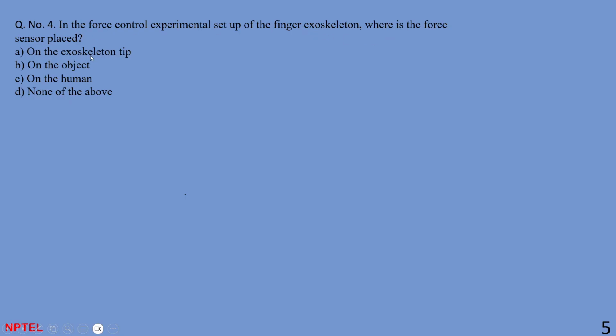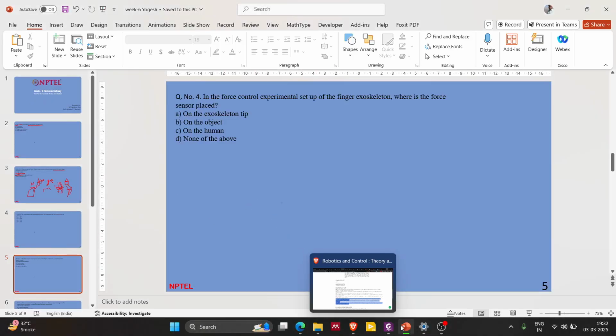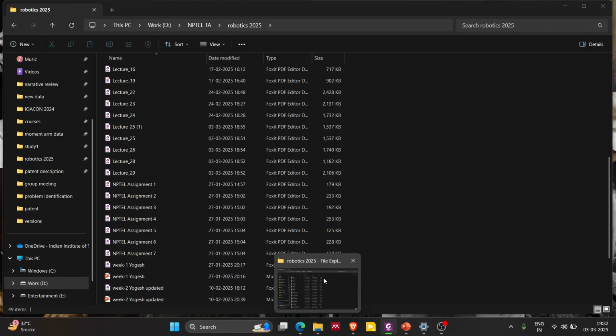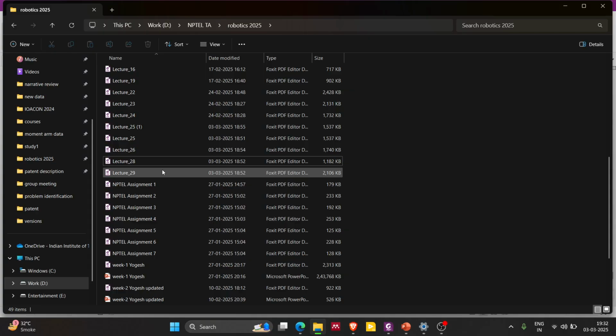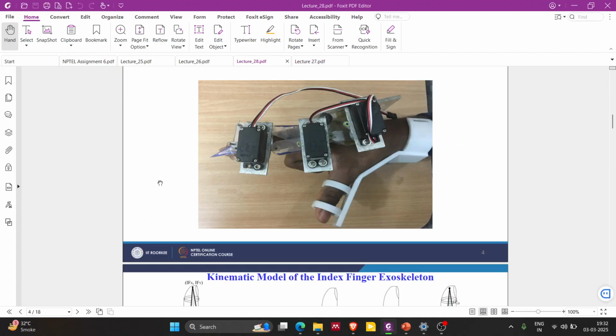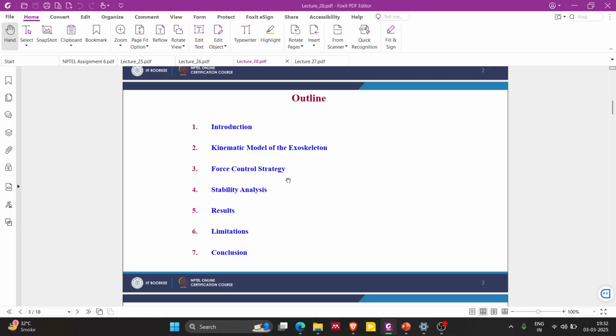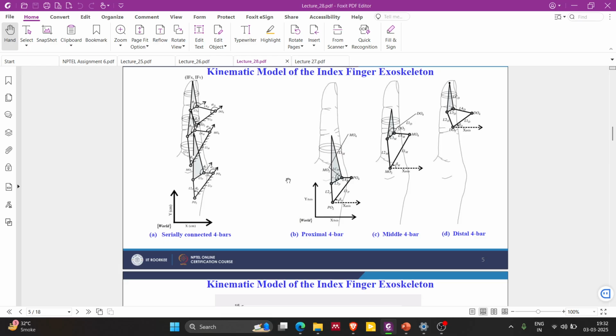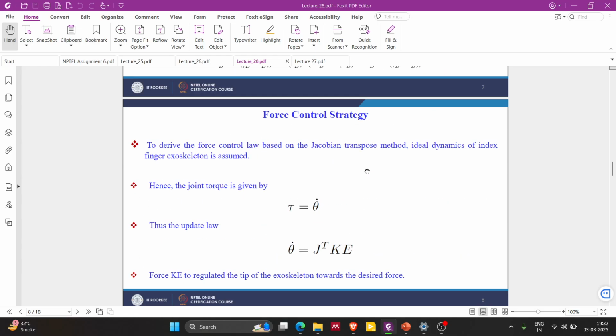These are generic questions which you should know, like how the experiment setup has been placed. For that you need to go through those slides. Let's open that slide and see where the setup is. You don't need to go through the lecture again, but please go through the lecture slides. That is important.